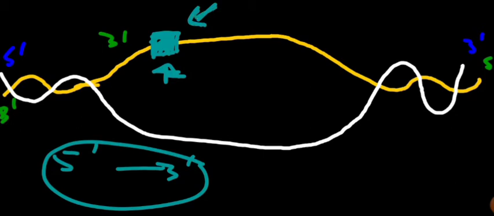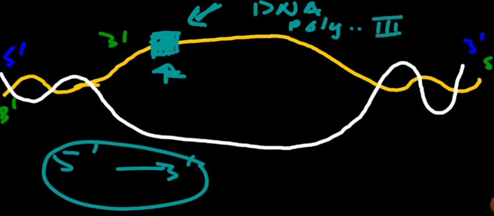So when it attaches at that point, what's going to happen? There's going to be an enzyme called DNA polymerase 3. DNA polymerase 3 is able to recognize the primer.